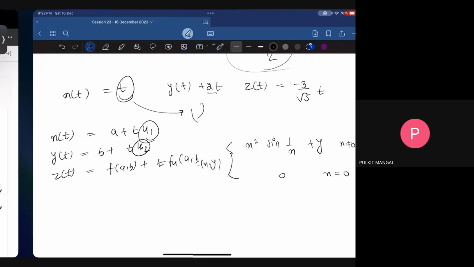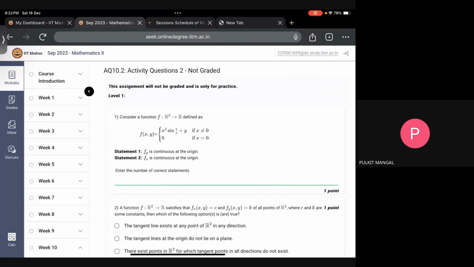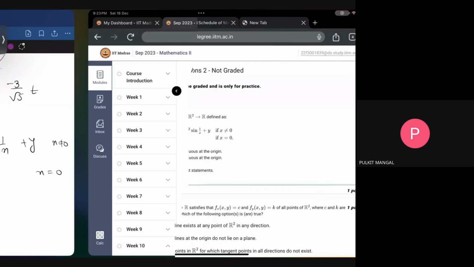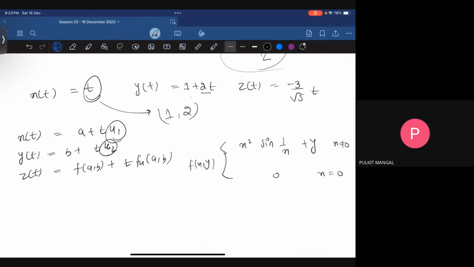What we need to identify here is whether fy is continuous at the origin and fx is continuous at the origin. Remember this: whenever we have a piecewise function like this, the function has two definitions at the origin, correct?